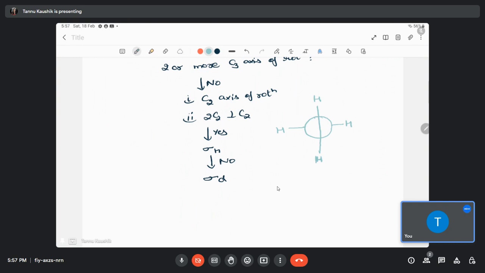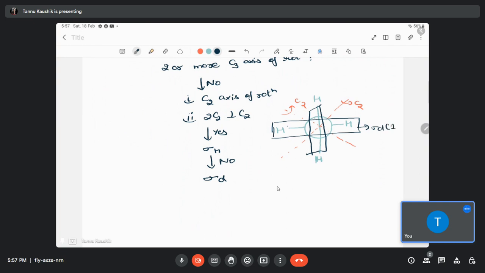Okay, so we have C2 axis of rotation like this, and we have dihedral planes like this.